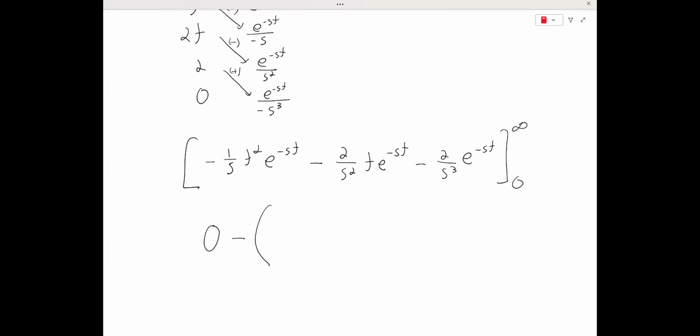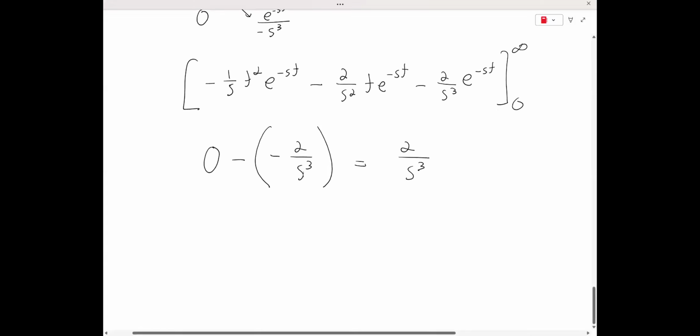Now in the lower limit, I put in 0. What happens here? This goes to 0 because if t is 0, that goes away. And this goes away. This one stays though, that last one. So you get just minus 2 over s cubed, and then I get 1 here if I put in 0. So this is equal to 2 over s cubed.